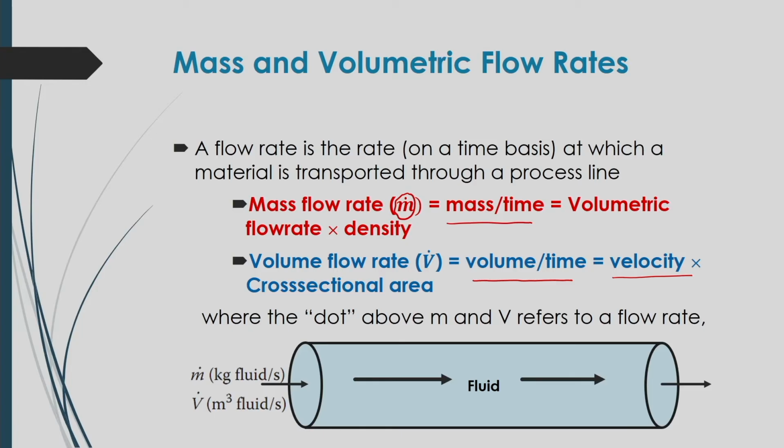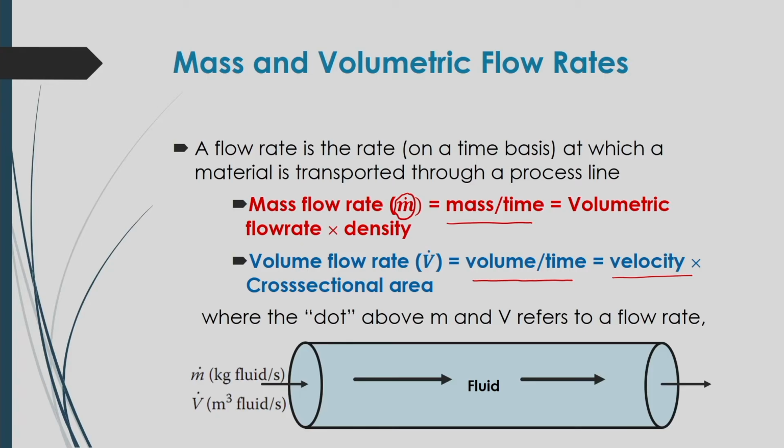Also, you can get the velocity in terms of the volumetric flow rate. That velocity can be calculated based on the volumetric flow rate and the cross sectional area. So, velocity will be equal to volumetric flow rate divided by cross sectional area. In this way you can calculate the volumetric flow rate.